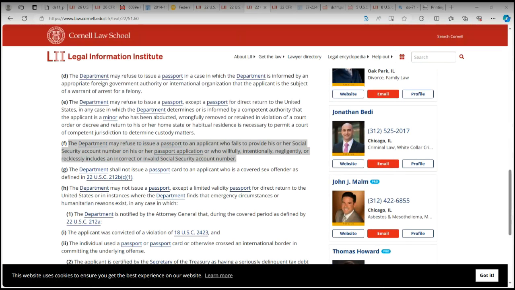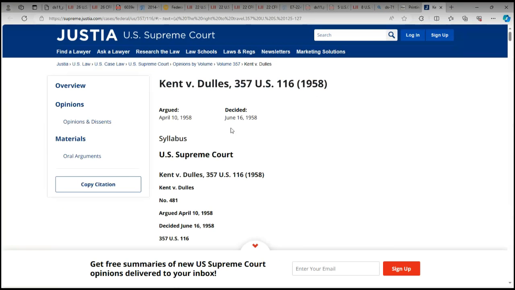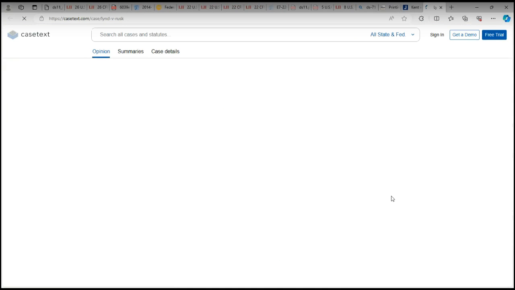And I hope you guys get the gist of what it is I'm trying to say. And I'm going to challenge anyone, and I mean anyone, who could prove otherwise. So this court case right here, Kent versus Dulles, is one. And the other one is Lind versus Rusk.